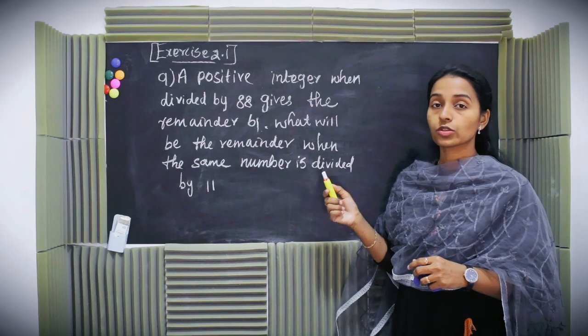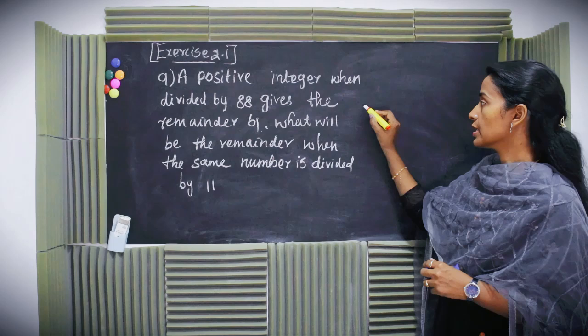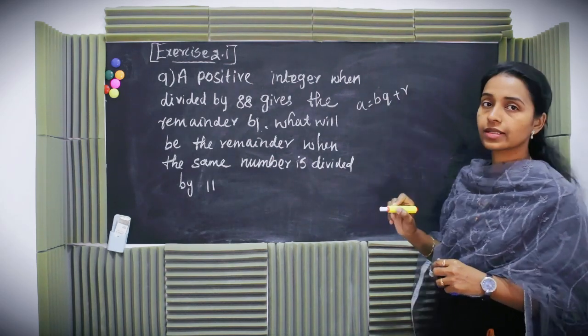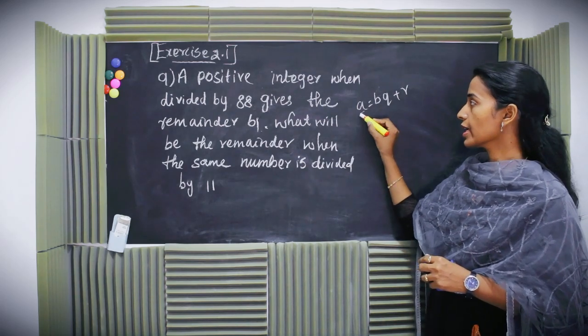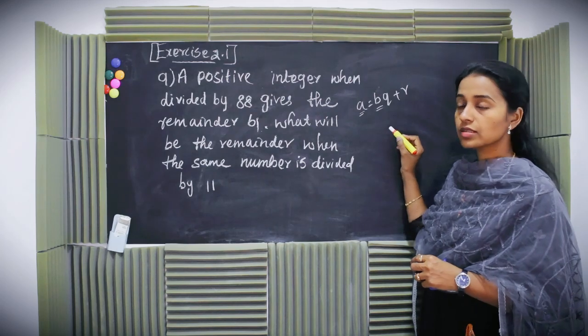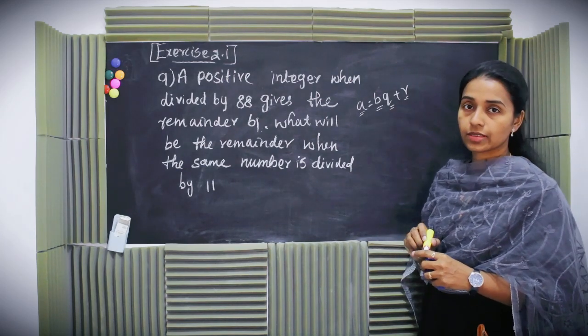So what would be the formula for Euclid's division lemma? That is A equals BQ plus R, right? Here A is dividend, B is divisor, Q is quotient, R is remainder.